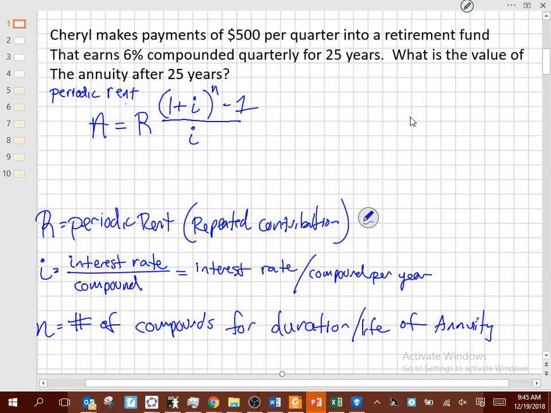So if I start with $500 as my first payment, now a lot of times when you set up a Roth IRA, so you're setting up a retirement fund, those things have kind of like an initial investment requirement. I think right now a Roth, you have to start with an initial deposit of $5,000.